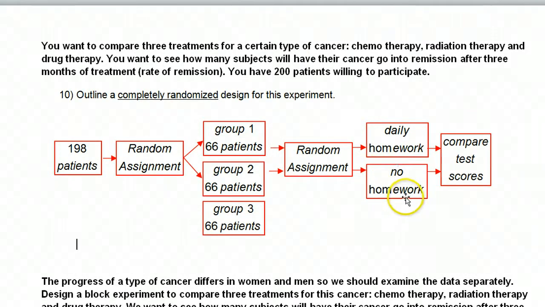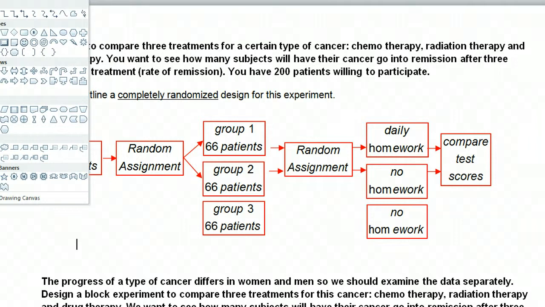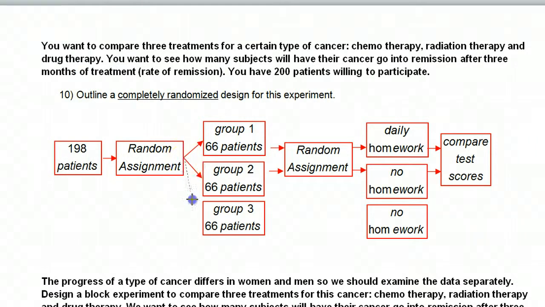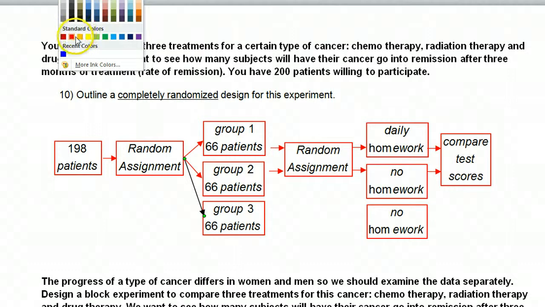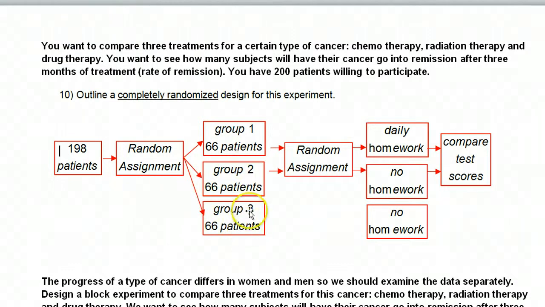And when I do these treatments, I need to have 3 treatments. I guess I should technically put another arrow in here as well to show the random assignment to any of these 3 groups. And I'll need another arrow for this as well.